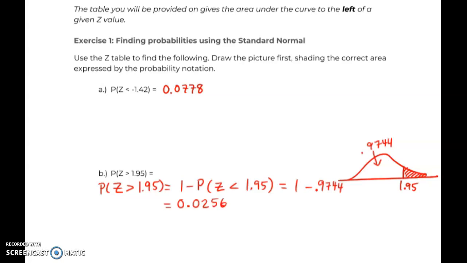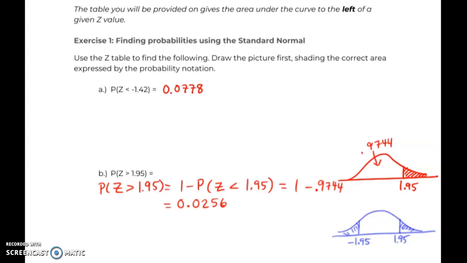One other thing we could have done is, because of the symmetry of our curve, the area to the right of 1.95 is actually the same as the area to the left of negative 1.95. So this is the case in our standard normal distribution.